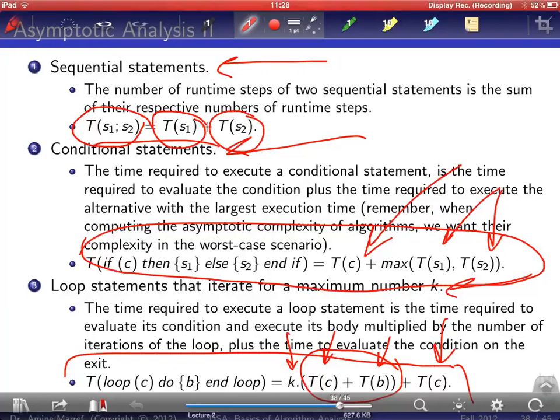Yes. So what is the maximum of big O of 1 and big O of n? No, the maximum is not addition. You have to choose one of them. Maximum is not sum, it is maximum. Big O of n, so the maximum is big O of n.